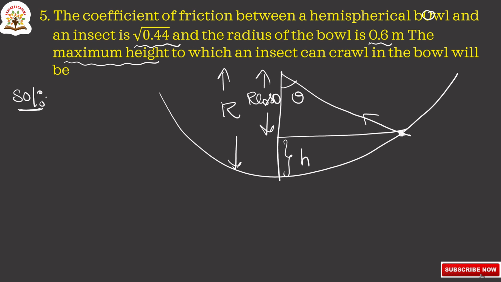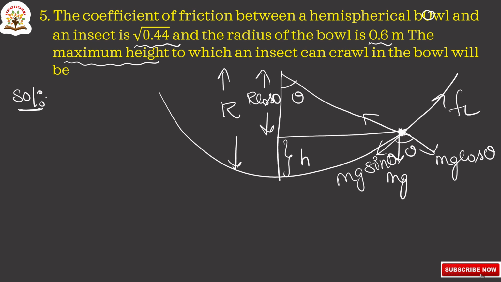Here we are resolving mg, making an angle theta, into two components. One is mg cos theta, the other component is mg sin theta. Here is the limiting friction, and here we are taking this as r.